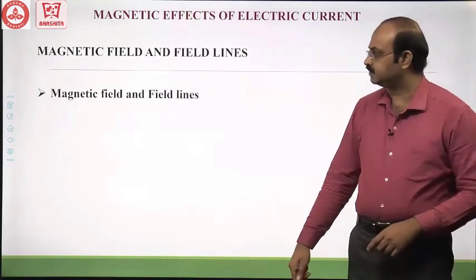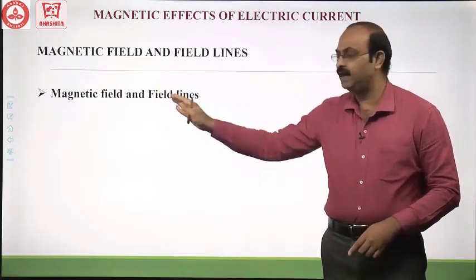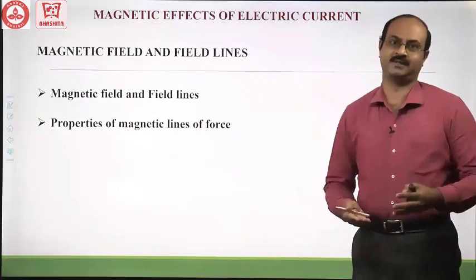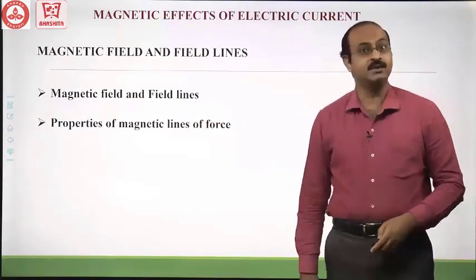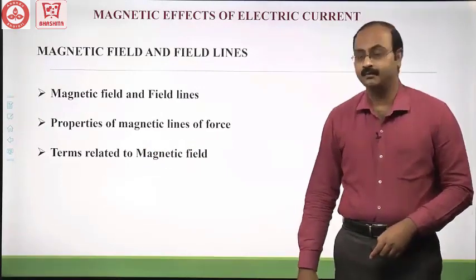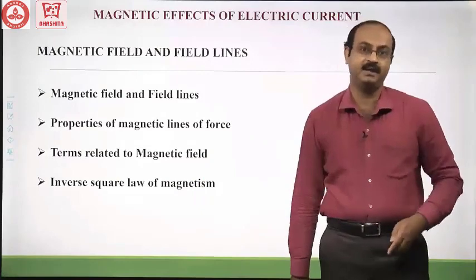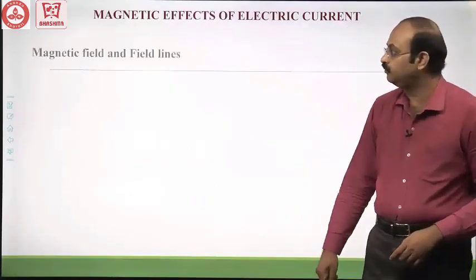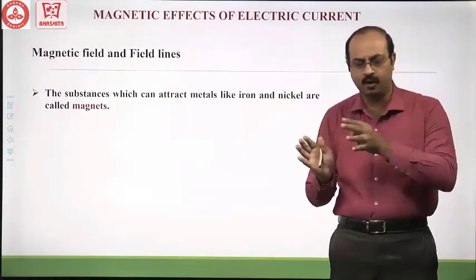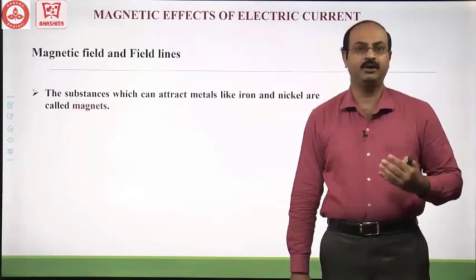The topics covered under this will be magnetic field and field lines, the properties of magnetic lines of force, terms related to magnetic field, and the inverse square law of magnetism. Moving forward, every single basic concept onwards, the subject will be built so that you have good continuity and clear understanding.